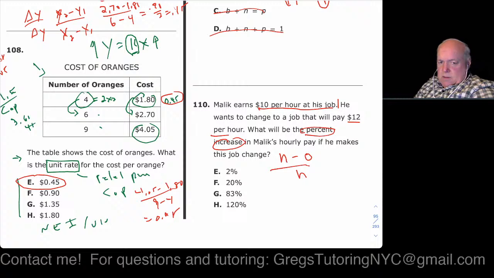So in this case, we would get 12 minus the 10 over the 10, and that's equal to 2 over 10. All right, and that's equal to 20 over 100. And any percent means divided by 100, so then our answer is F there.